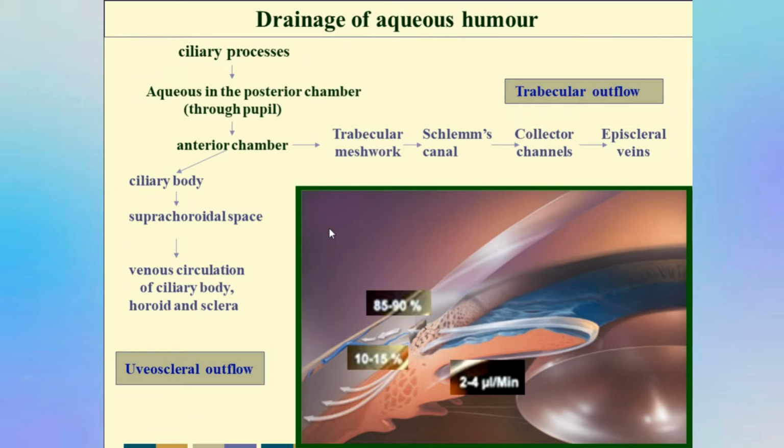So, remember that aqueous humor is produced by the ciliary processes and enters the posterior chamber here. Then from the posterior chamber, through the pupil, it enters the anterior chamber.